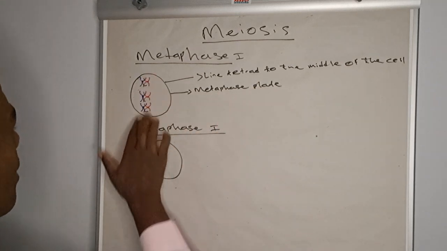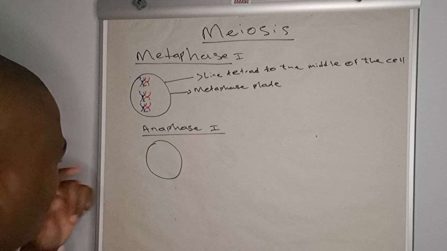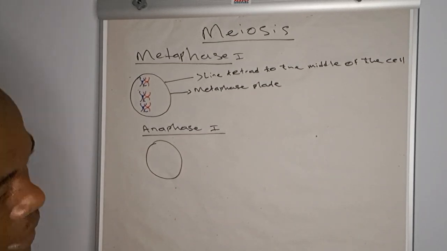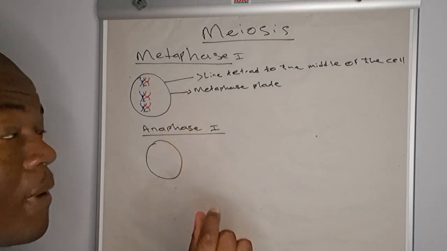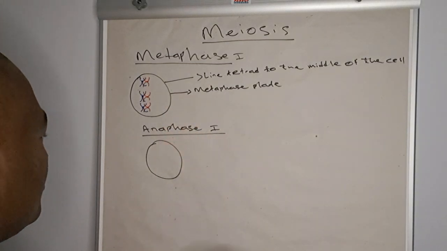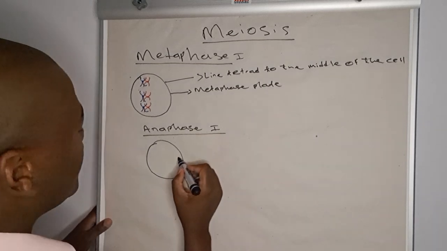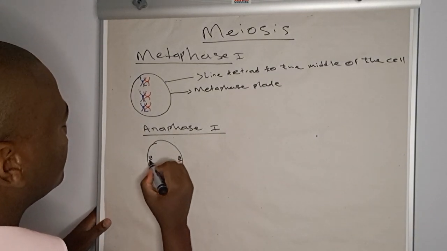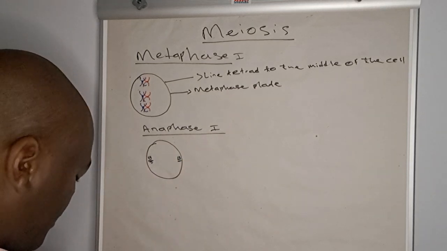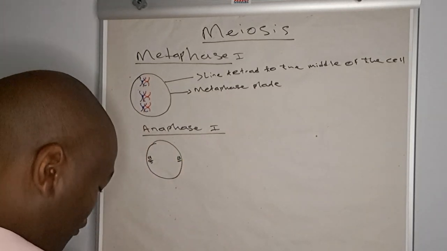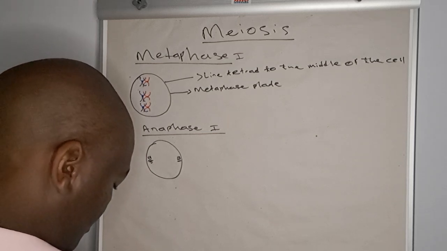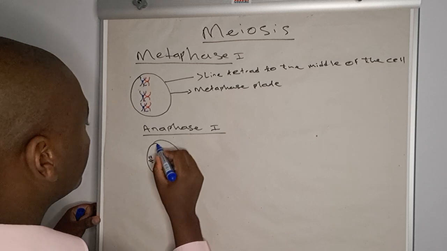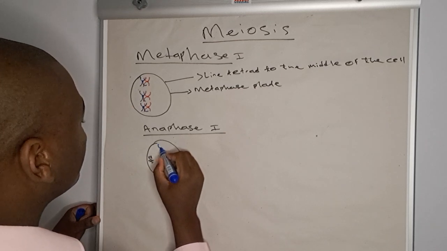It will just line them in the middle of the cell. But in anaphase, what is it that is going to be happening? There is an organelle that exists within the cytoplasm. We call that organelle centriole that will develop here in the middle. Centrioles. But apart from these centrioles, the lining appears to be the same because they are still in the middle.